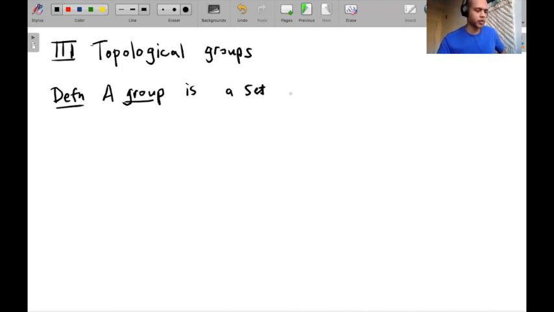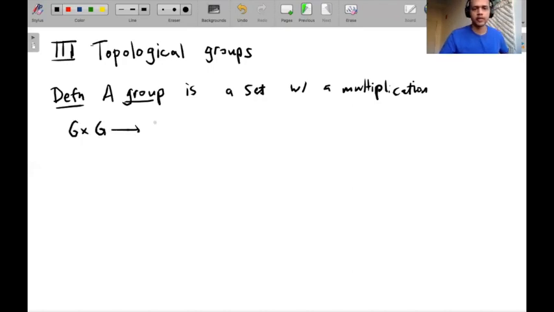So a group is a set with a multiplication. That's a function. A multiplication is a function like this, which takes input two elements of G and outputs something which we call the product, we denote like this.